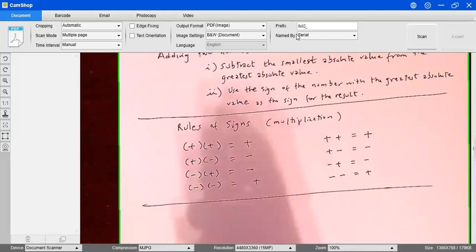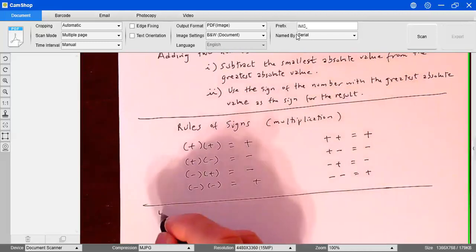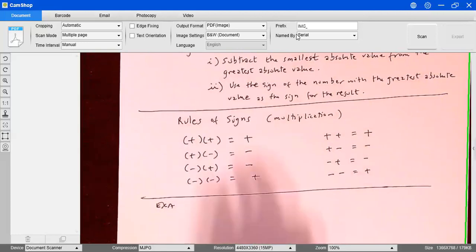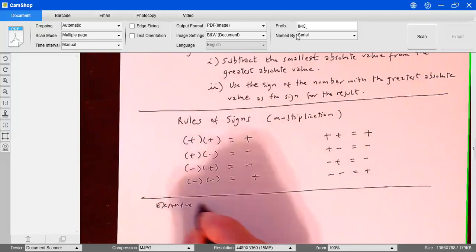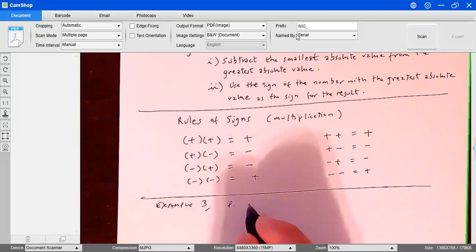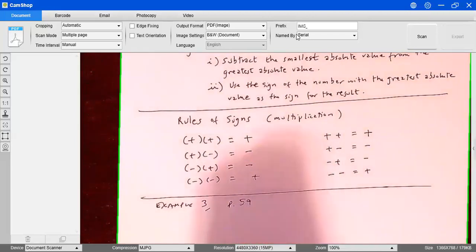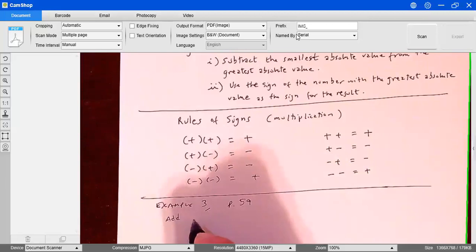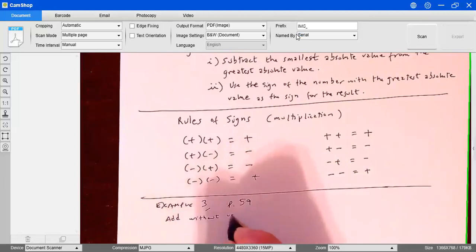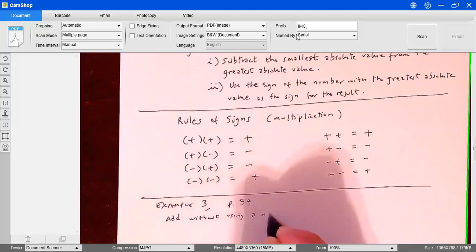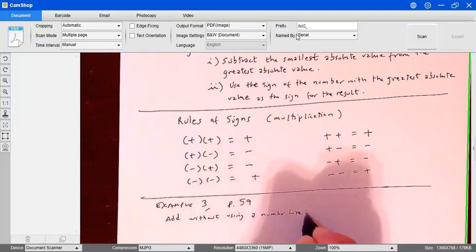So we're going to start with example 3. Example 3 is on page 59. It says add without using a number line.